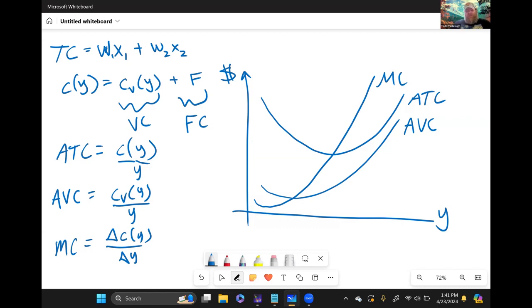The reason why we visualize things this way is, first off, to illustrate the idea that costs for the firm are restrictive. You'll notice that when we get to these portions of the total cost curve and the variable cost curve, it starts to really ramp up, and we expect that to keep ramping up. So one of the constraints that a firm faces is that in order for them to produce more, they have to pay more.